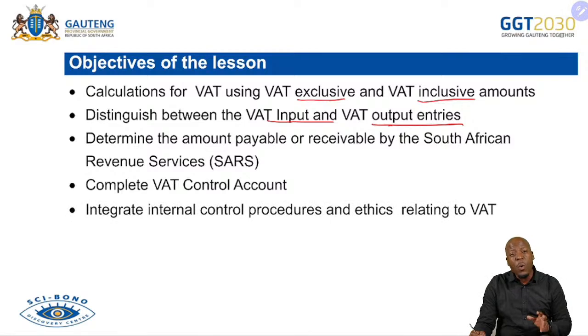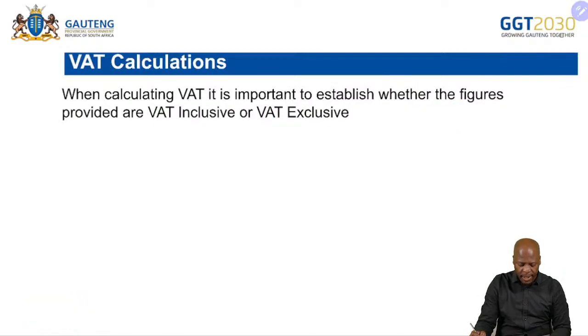Now, we will be integrating today internal controls that relate to VAT. Remember, even in the previous lesson, we brought in ethics and internal control as well that relate to our value added tax. Now, let us quickly go on to VAT calculations.